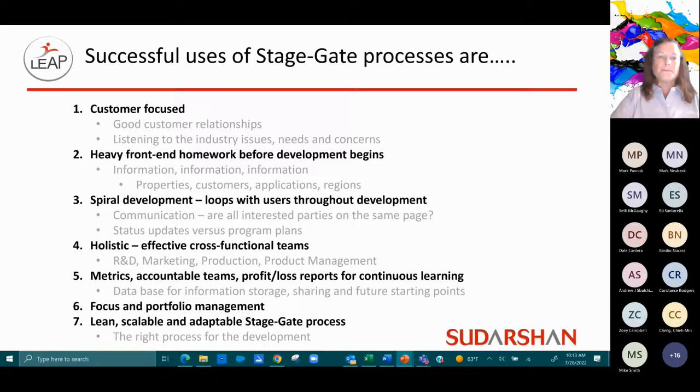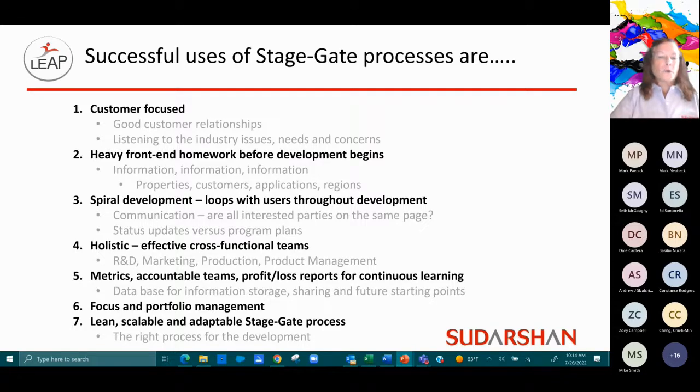As I mentioned, heavy front-end homework needs to be done. That's at stage 0, 1, and 2. Information, information, and information. You can't have enough information when you're putting together a product development plan. Spiral development, making sure that we continue the loop back and forth throughout the process plan, especially with communications, making sure that everybody's on the same page.